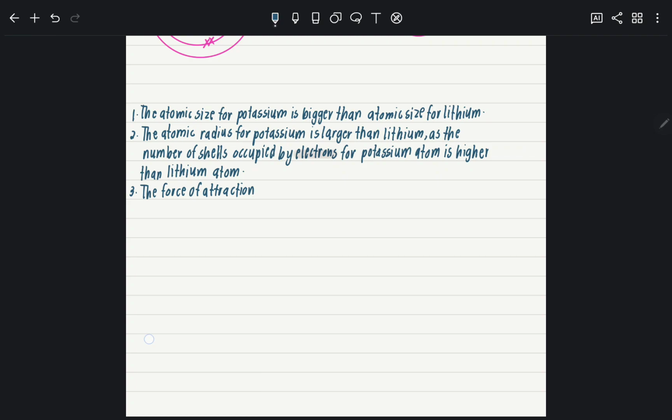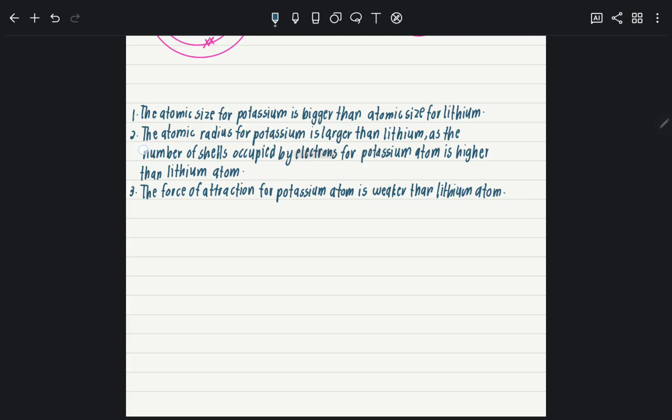Force of attraction for potassium atom is weaker than lithium atom. Betul kan? Yang ni you agree right with me?